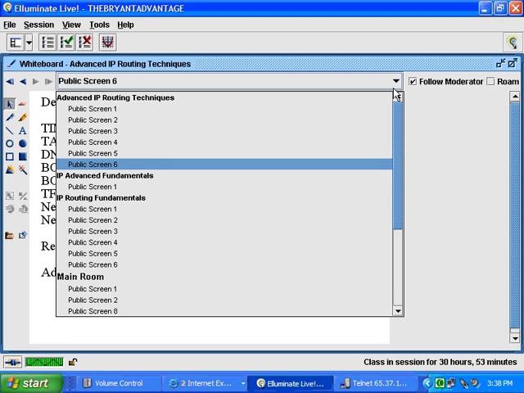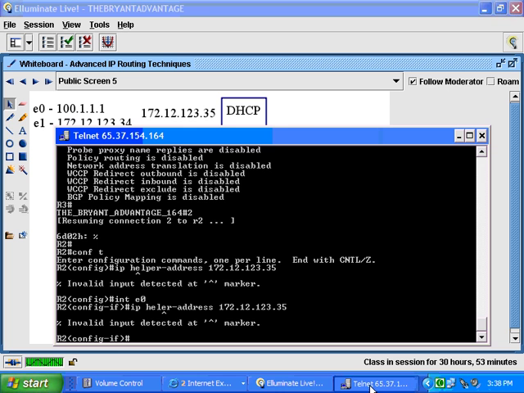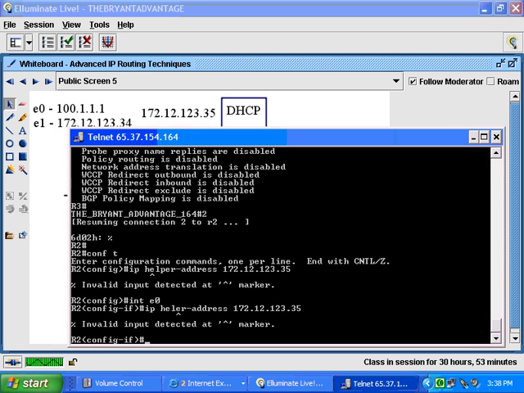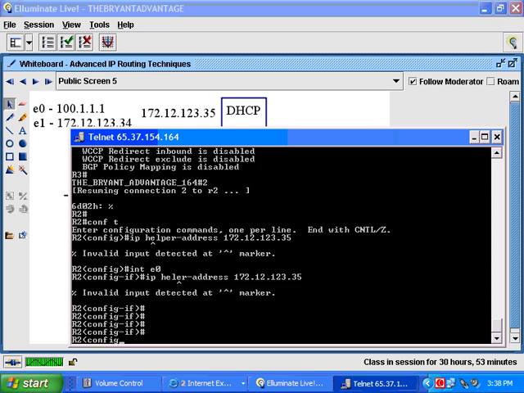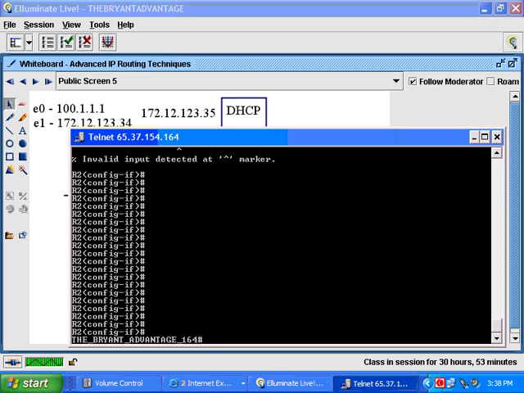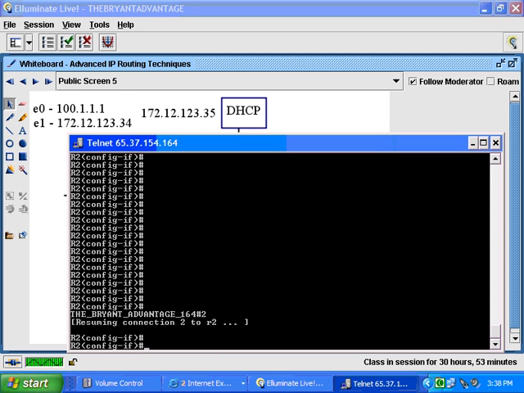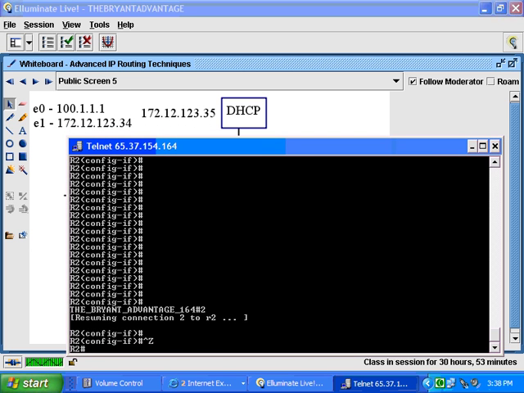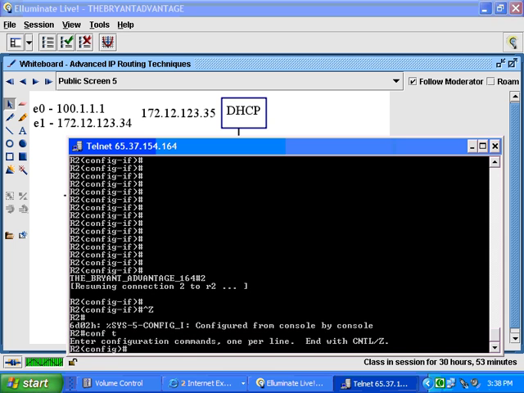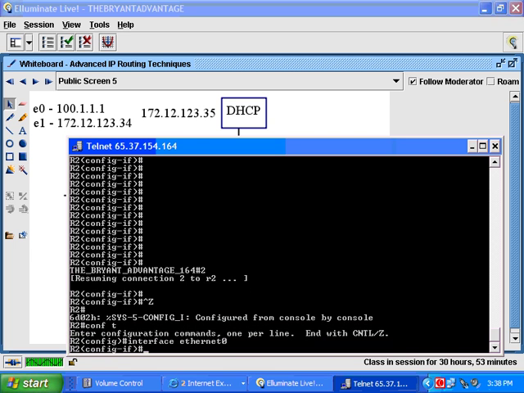So let's take a look at this in action on the router, and you're going to see it's a pretty simple command to go with here. Let's stick with 2 and get out of interface config mode. Remember, this ip helper-address command goes on the interface that will be receiving the broadcasts.